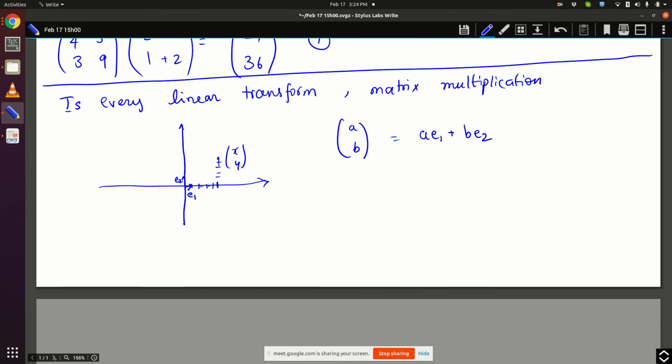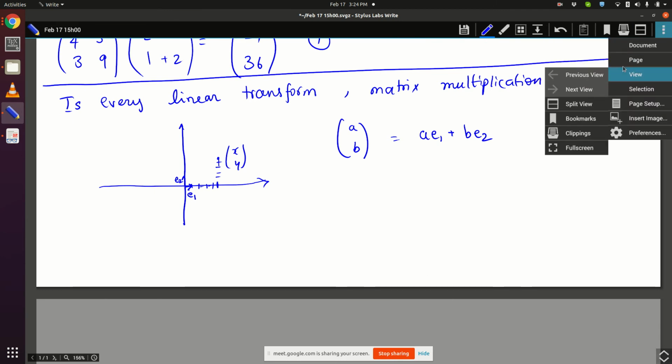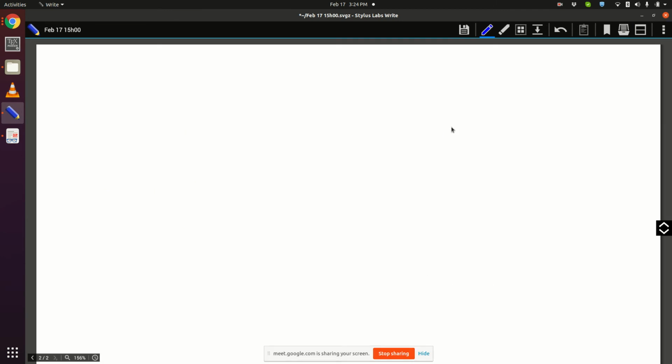So whenever you have been given a linear transform T, you can always ask what is T of E1. Suppose T of E1 is equal to alpha 1, alpha 2. What is the meaning of this? I have already told you, right?